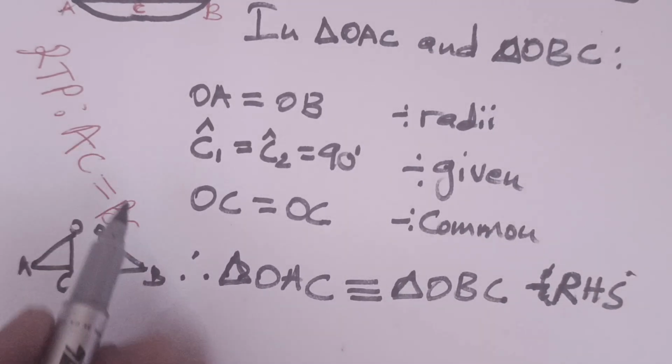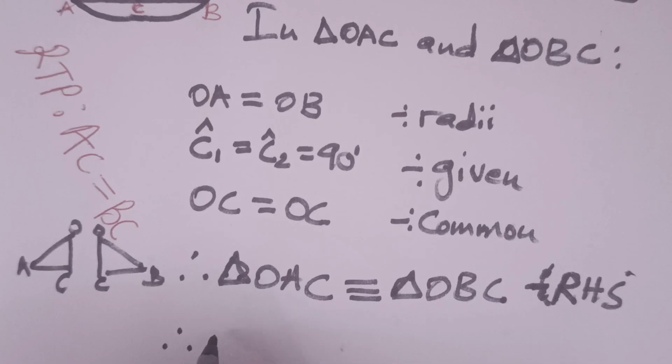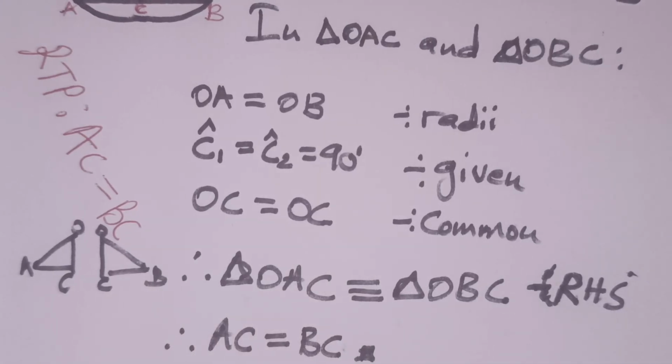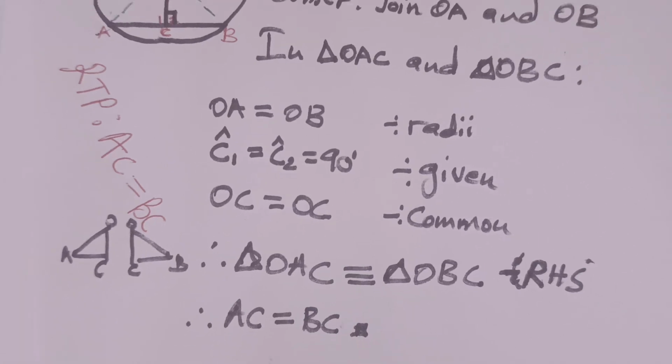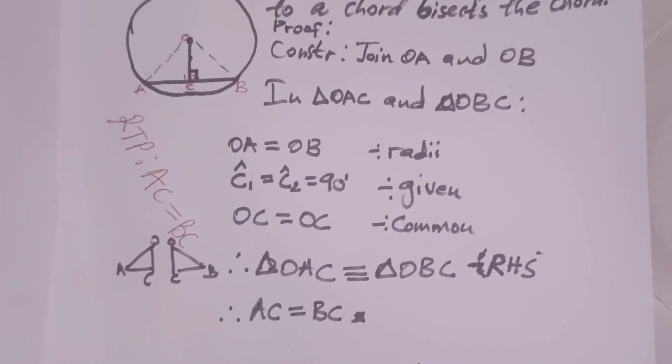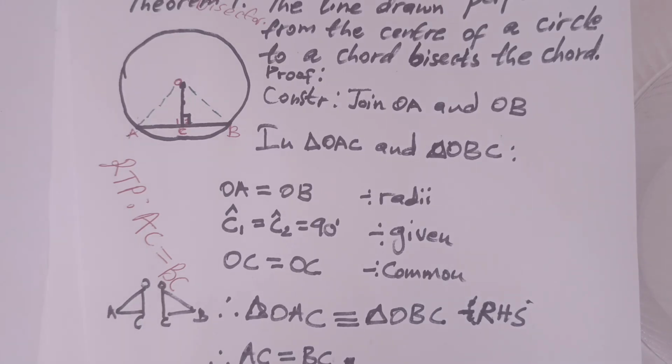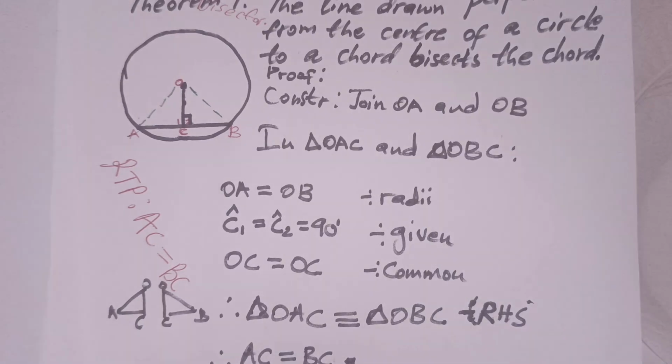It does mean that, indeed, therefore, AC is equal to BC, and that particular theorem happens to be a proven theorem. Ladies and gentlemen, that is the proof of theorem 1, the perpendicular bisector.